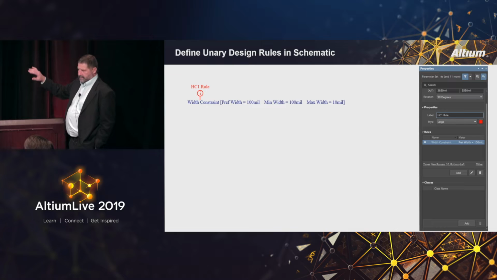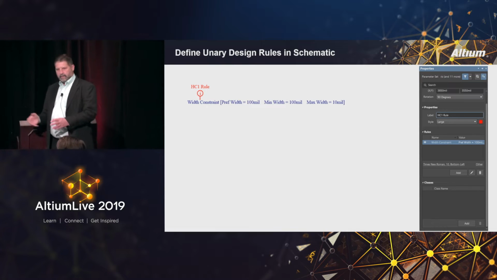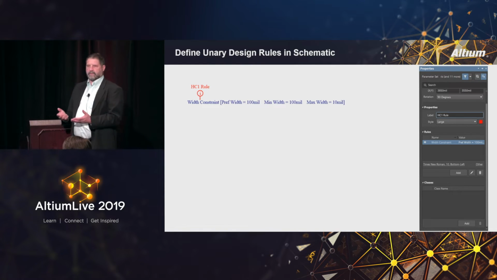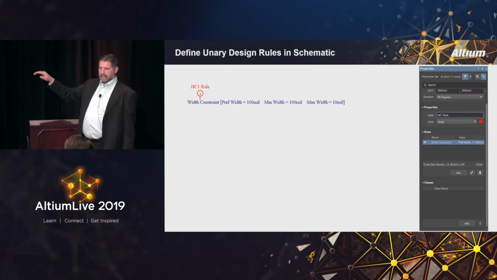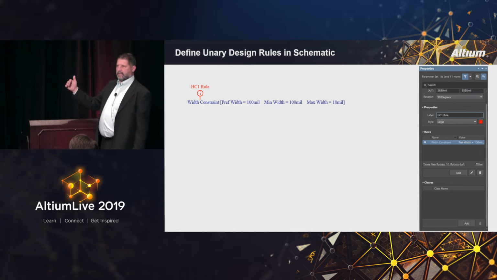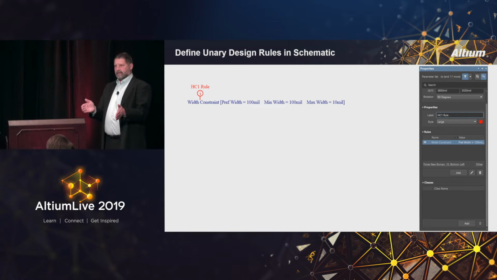Unary rules are rules that apply to one entity. Binary rules are one thing against another. So all the unary rules typically can be put into the schematic. If we're going to put this on a net, and it's going to say, hey, that has to be 10 to 100. But if we want to have a clearance rule, that's one entity to another entity.